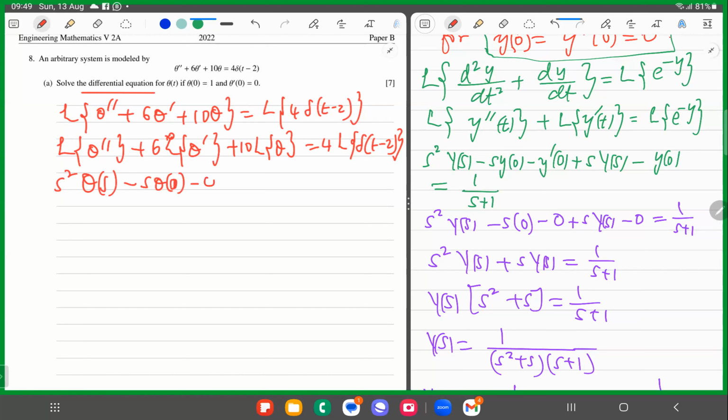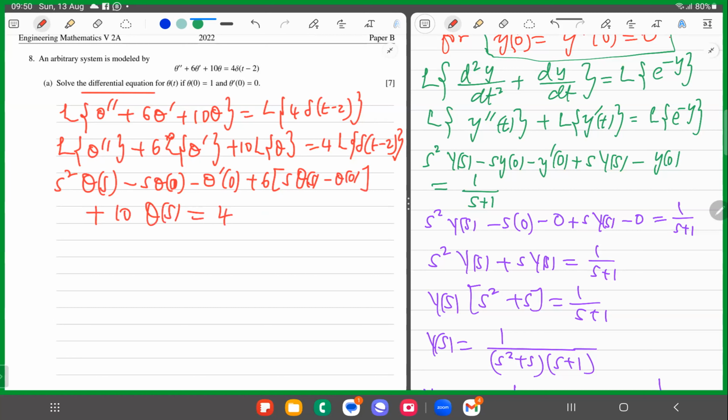And then look at the green table, you have the primed, theta prime of 0, plus 6. Then you come to the 6 L of theta primed. So from the table, it's going to be s times big theta of s minus small theta of 0. And then plus 10. What is L of theta? It's big theta of s.